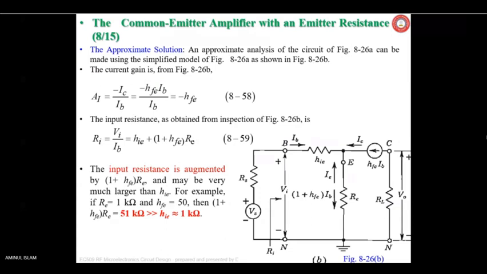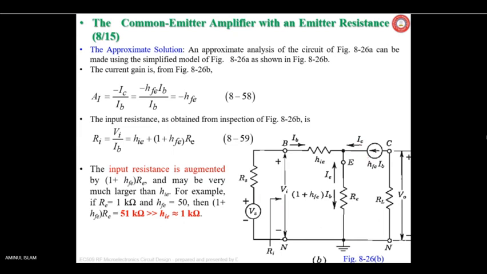Now, approximate solution means using the approximate model. Approximate solution gives AI equals IC by IB. Current gain is what? Output current divided by input current.